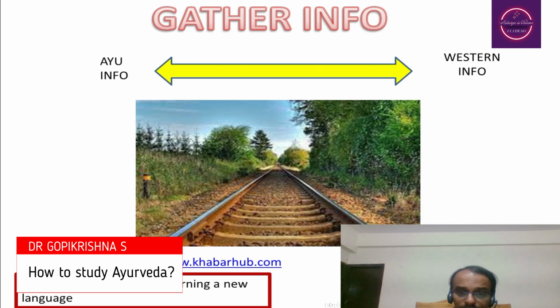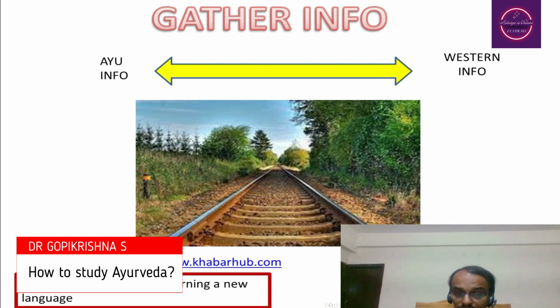When you go to the next step, see, there are little connections between both these railway tracks. That is what bridges the Ayurveda information and Western information. In that way you have to move ahead whenever you are learning Ayurveda.